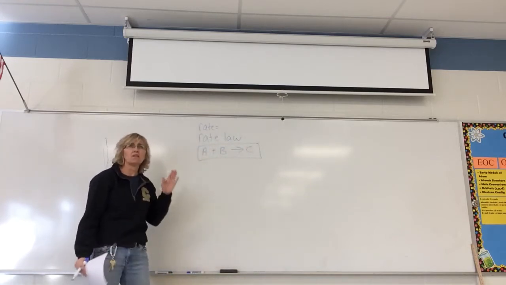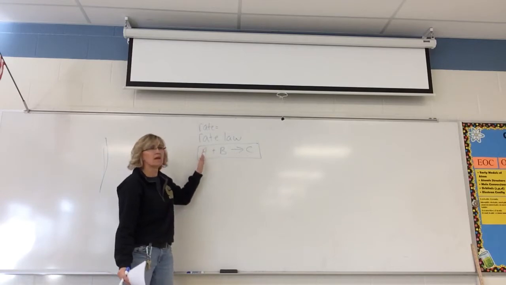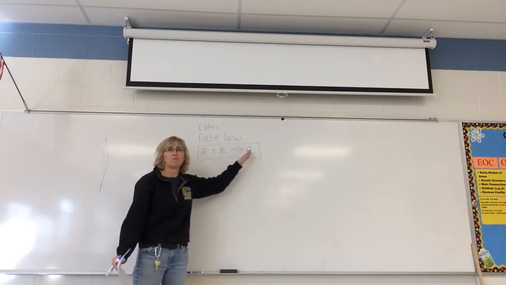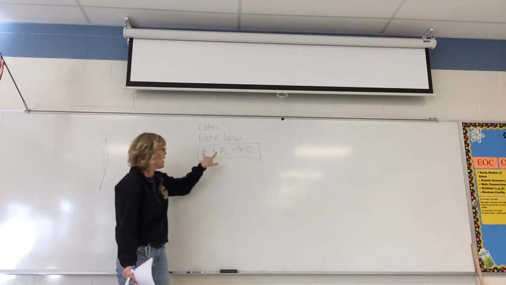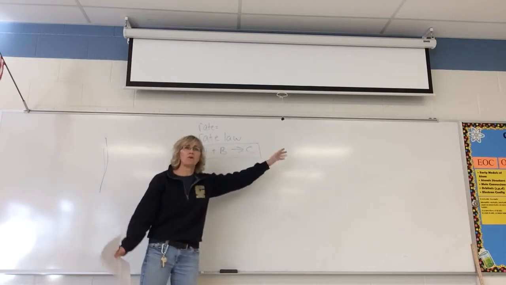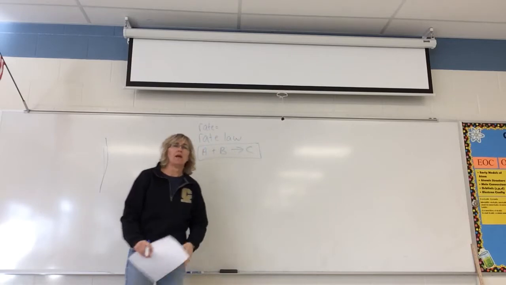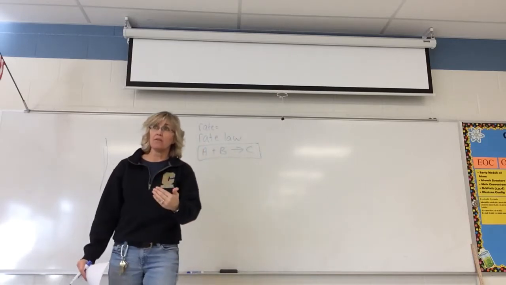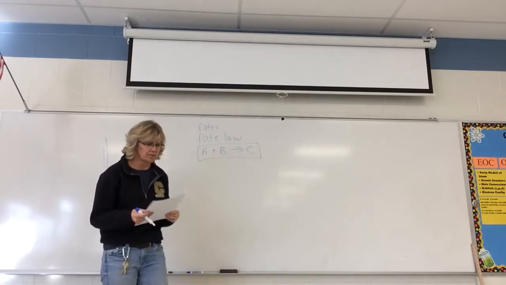Instead of just saying, let's look at the rate of one thing as a reactant disappearing or a product appearing, it's saying the interaction of these two. How does it affect the overall rate of the whole thing? And that is called a rate law. That's different than a rate equation.